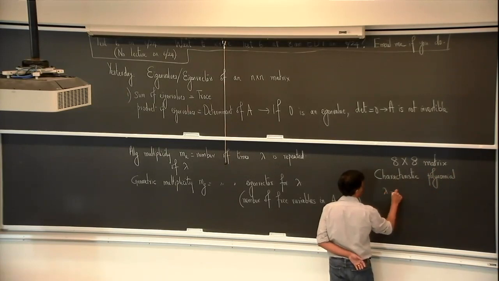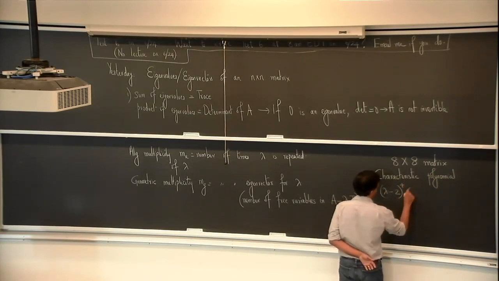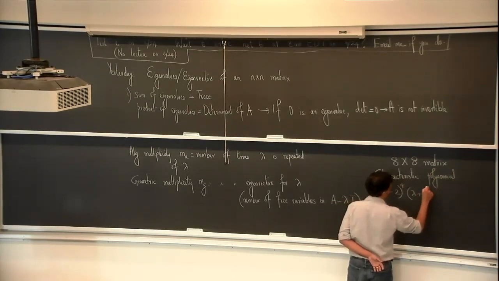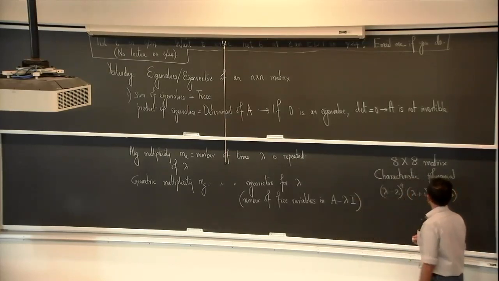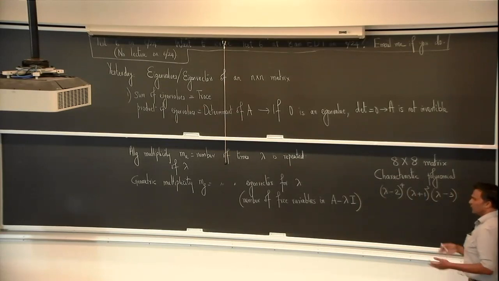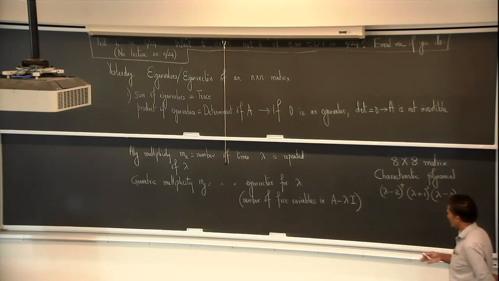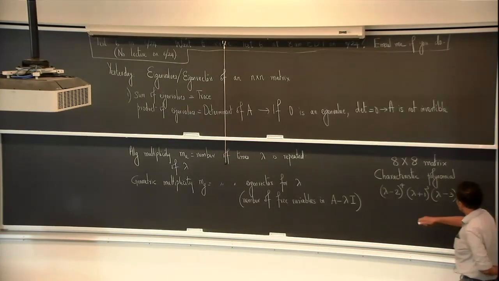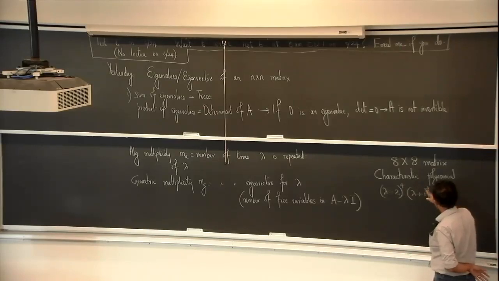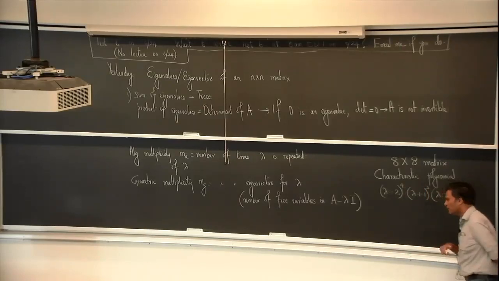So lambda minus 2 to the power of 4 times lambda plus 1 to the power of 3 times lambda minus 3. So if you want to ask me, how did you know that? I just made a polynomial, okay, just to illustrate this multiplicity thing. So somehow if an 8 by 8 matrix, make sure that the multiplicities add up to 8. So it's 4 plus 3 plus 1. Okay.